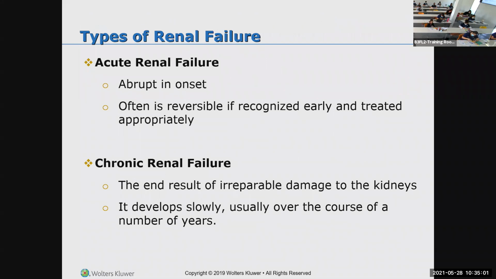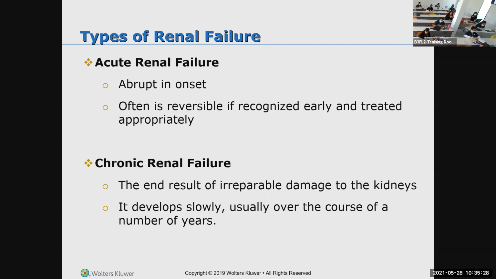So types may be acute or chronic. Acute renal failure is abrupt, all of a sudden, in onset. The good part of acute is that it is reversible. I can change it, provided you recognize it early and treat it appropriately.